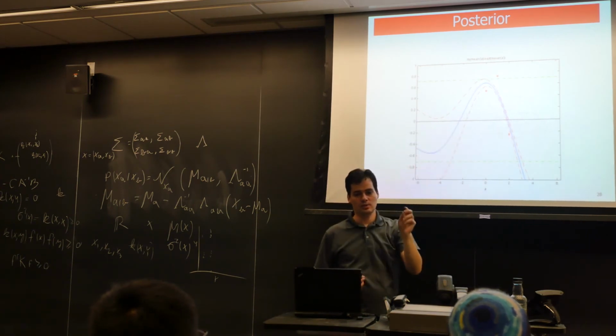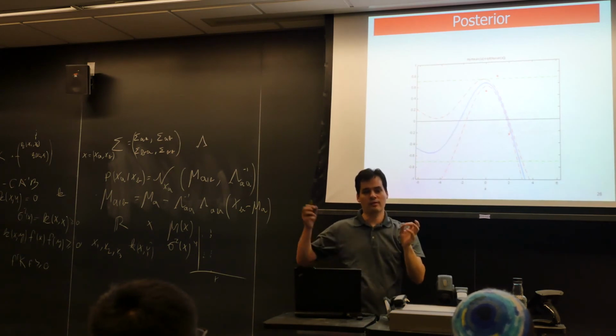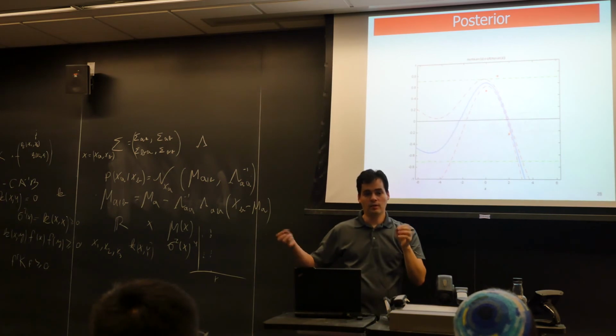That Gaussian distribution will have a mean value and a covariance or variance. I want to get the formulas for that mean value and that variance. That's our goal. Okay?